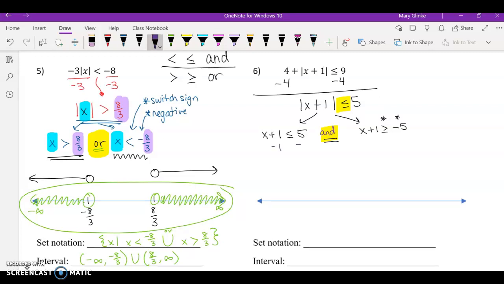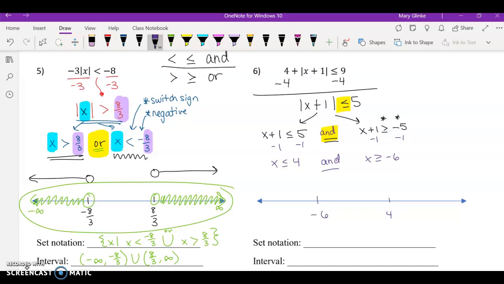Now we can take each of these equations and solve them. So we are looking for where x is less than or equal to 4 and where x is greater than or equal to negative 6. So we're going to go ahead and graph each of these inequalities and then look at where our overall solution would be.